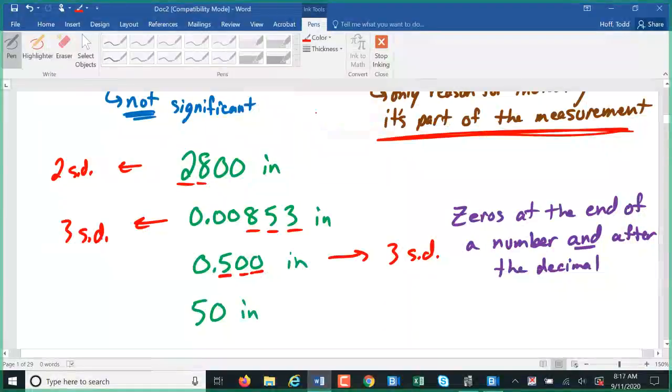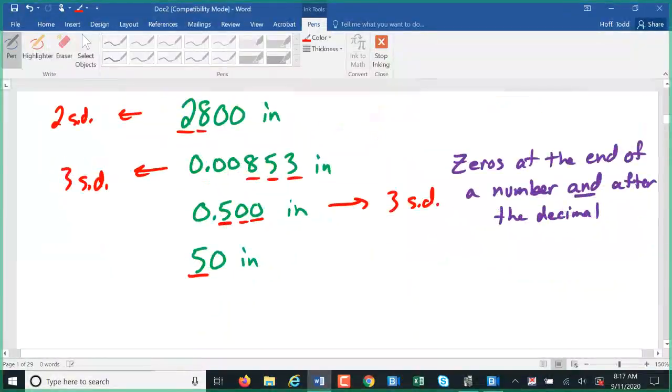So this one here, the 5 is significant. Is the 0 significant? Say no. It's at the end of the number, but it's not after the decimal point. For this number, however, the 5 is significant.